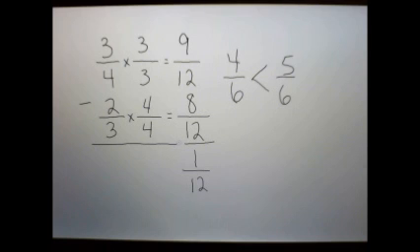Let's take a look at a couple of others that are very similar to this. We'll take the fraction 3/8 and we will compare that to the fraction 1/2. Now we can use our manipulatives to help us with this, as that will make things a lot easier sometimes, but we'll do this in this format. We're going to rename each of these fractions to a denominator that is equal to both. In this case, 8 is a common denominator to both 8 and 2.